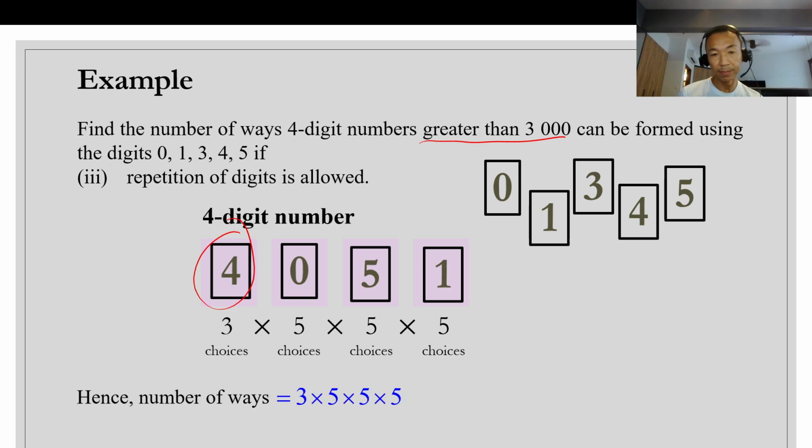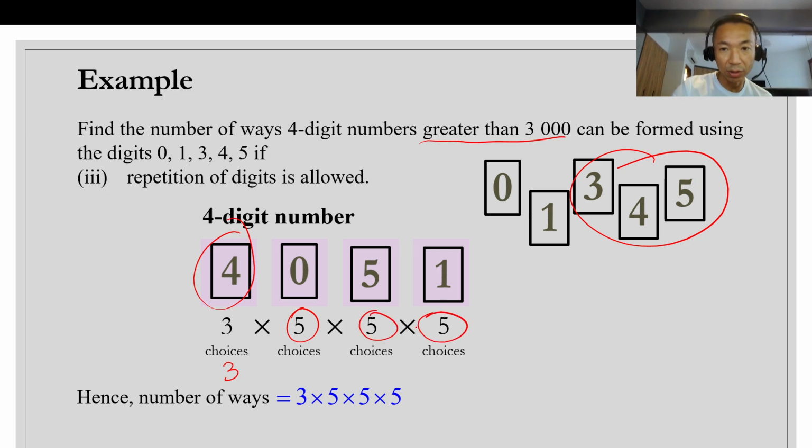You will get this, but not the final answer yet. I want to emphasize this. Your 3 choices here, you could have chosen 3. For the next 3 digits, you could have 5 choices each, any one of 0, 1, 3, 4, 5.